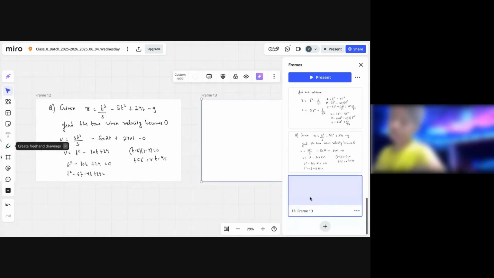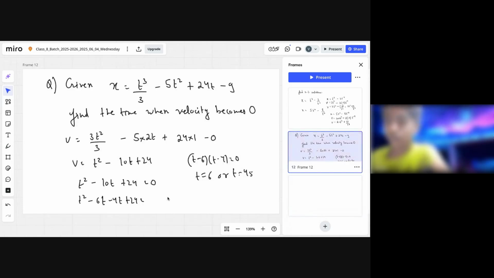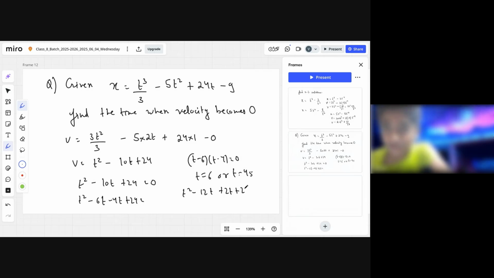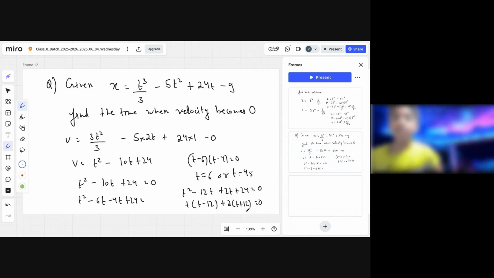Sir, but could you tell me why minus 12t plus 2t will not work? Like the splitting. What do you get common here? t minus 12, t common. And here, 2 common, you get t plus 12. Like it won't even get factorized.